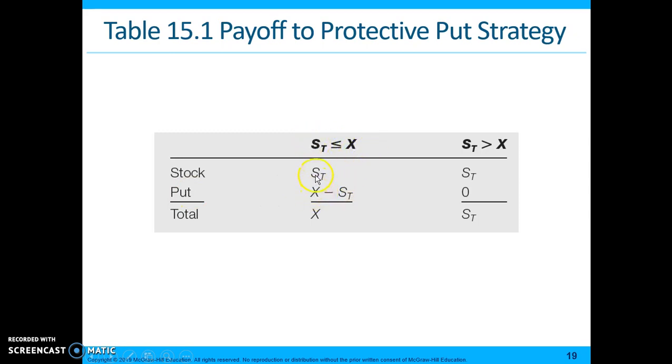So the two stock prices cancel out, and your net is the strike. Over here, you simply have the stock value. So we'll see it graphically.